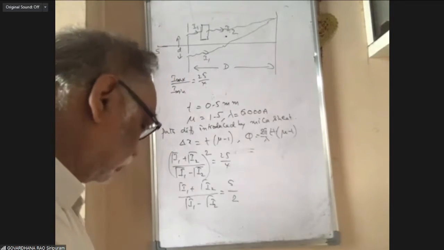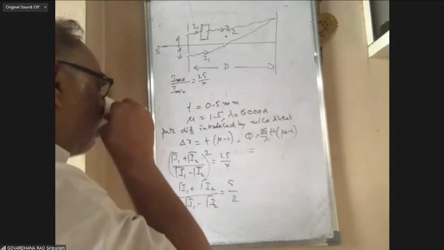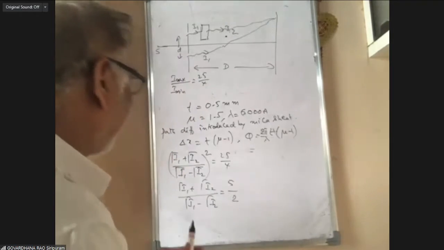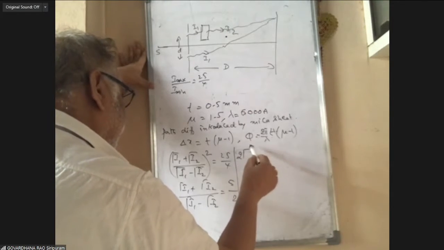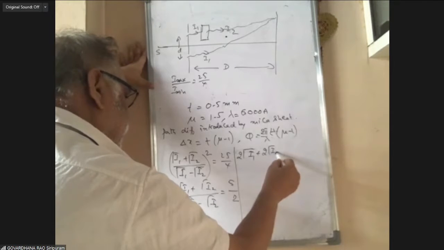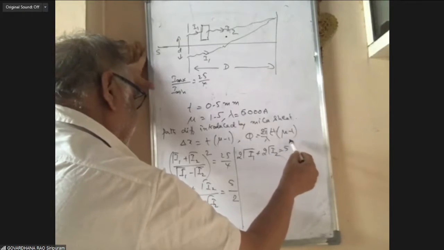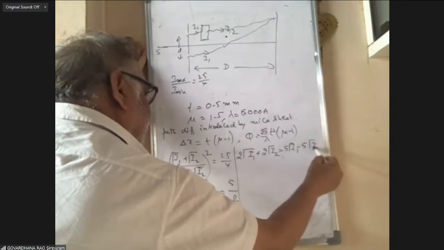So 2 root I1 plus 2 root I2 is 5 root I1 minus 5 root I2.